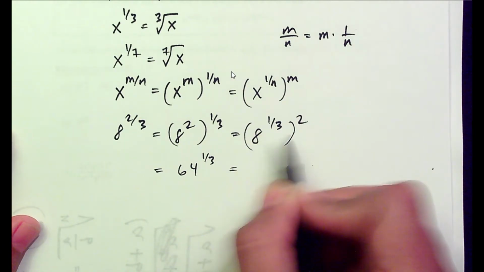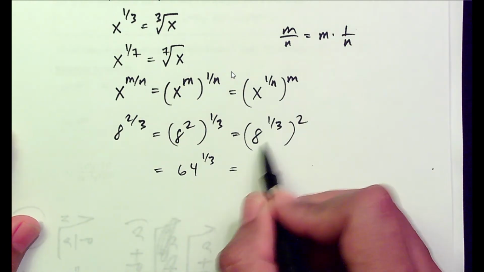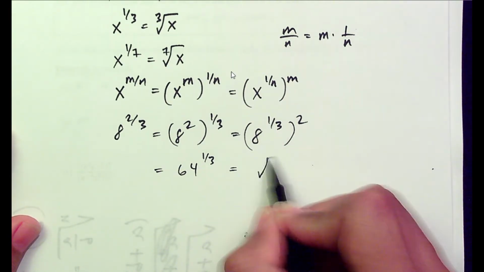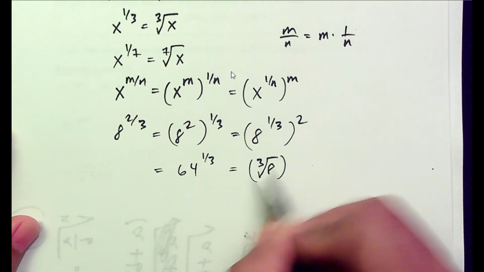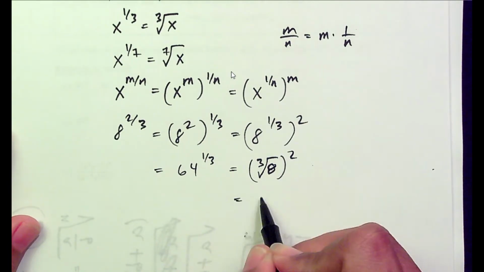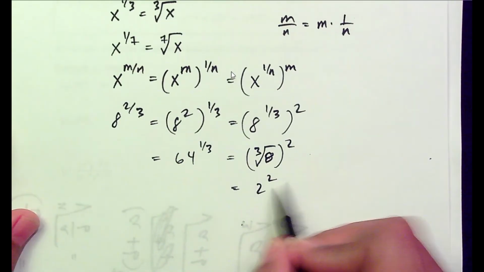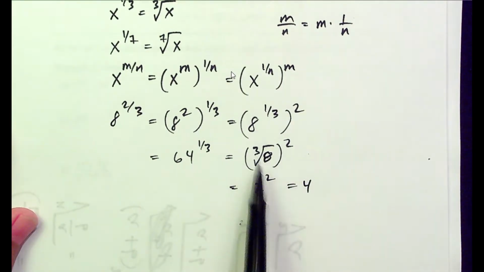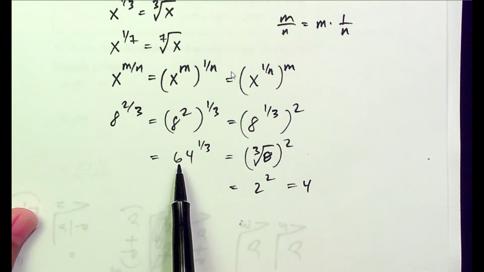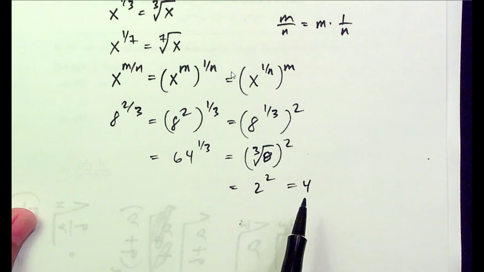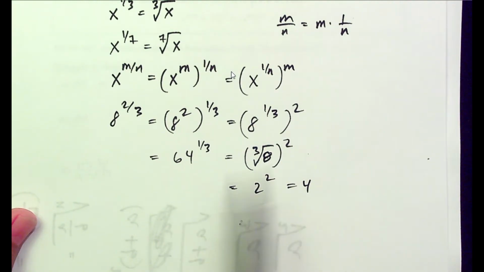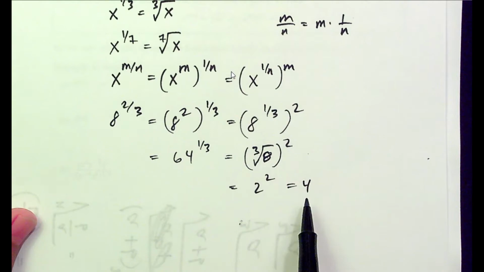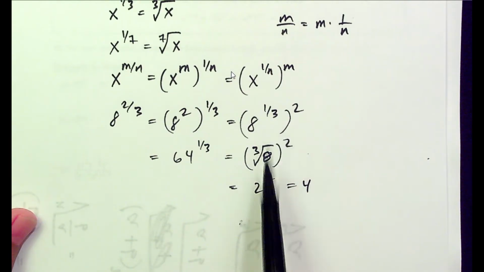If you do the second, it would be the cubic root of 8, but the cubic root of 8 is 2, so that would be 2 squared, and 2 squared is 4. Note that this was easier than the other. What if I ask you what is the cubic root of 64? It might not be entirely obvious that it is 4 unless you have that memorized. However, doing it this way was easier. You didn't need a calculator.